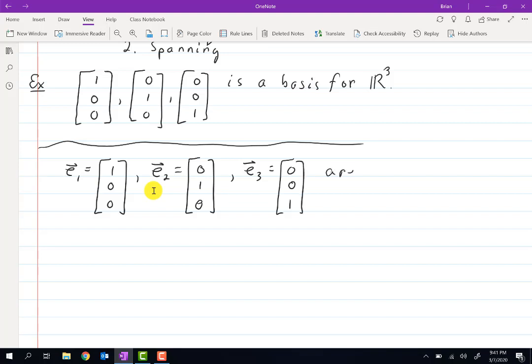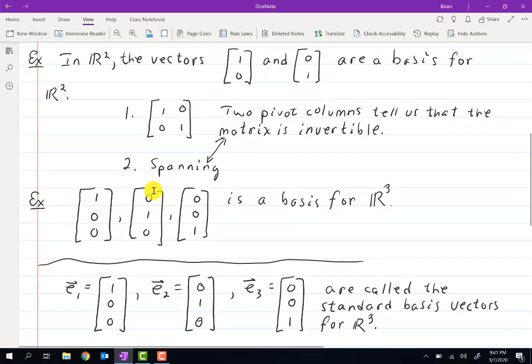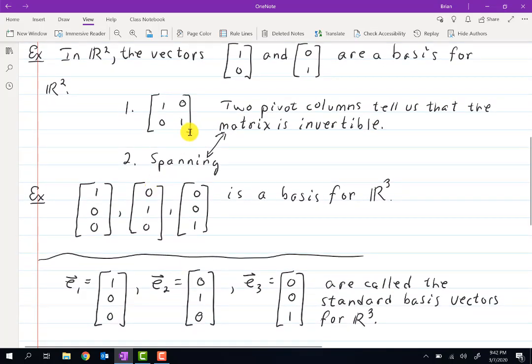These three vectors are called the standard basis vectors for R3. And while I'm here, these two vectors up here are the standard basis vectors for R2.